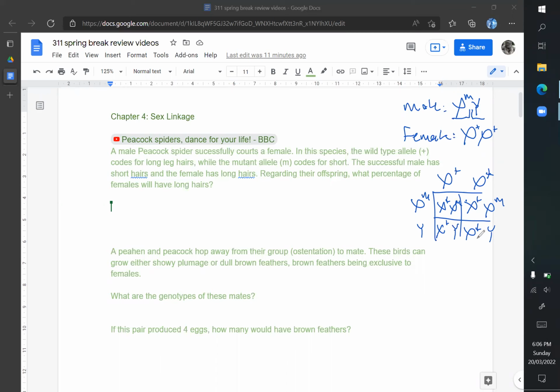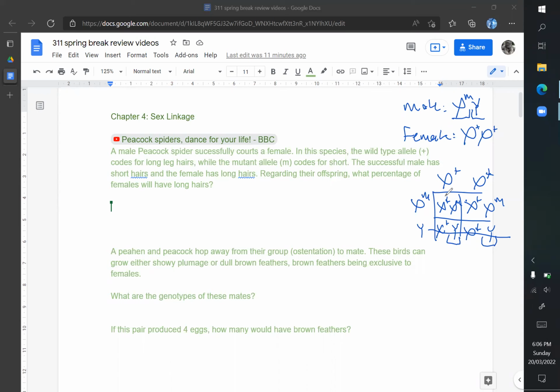And so we can see in the progeny right away that anyone who has a Y chromosome is going to be a male, and anyone with two X's is going to be a female. So regarding the offspring, what percentage of females have long hair? We can obviously disregard these because having this Y chromosome in species with X and Y chromosomes makes them a male, so we can ignore them. So what percentage of females will have long hair?